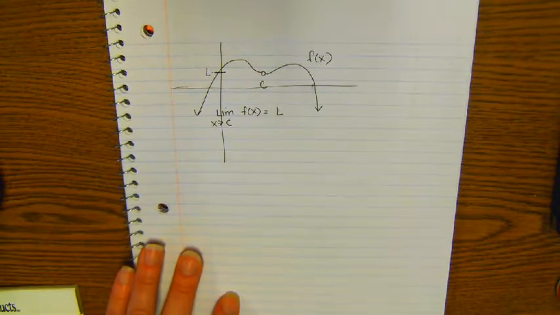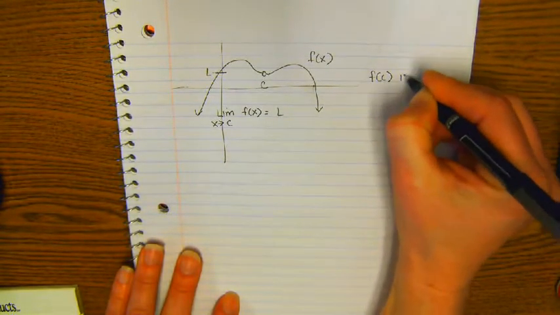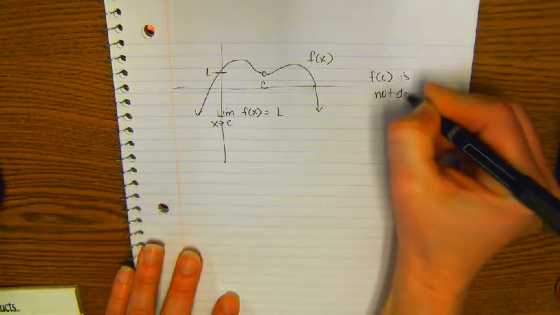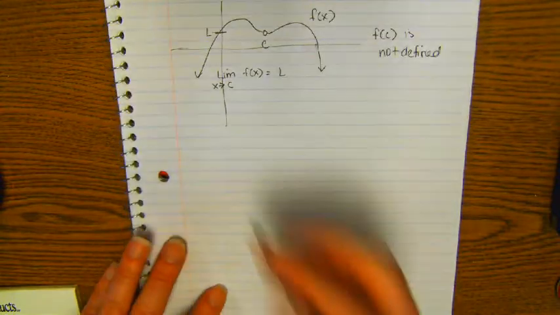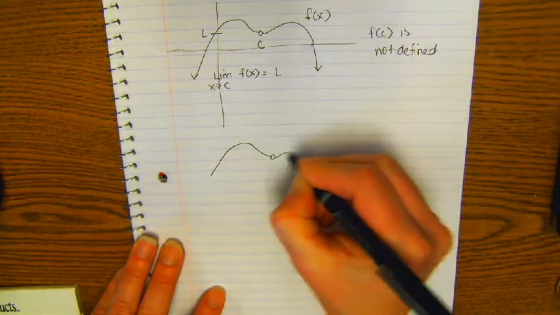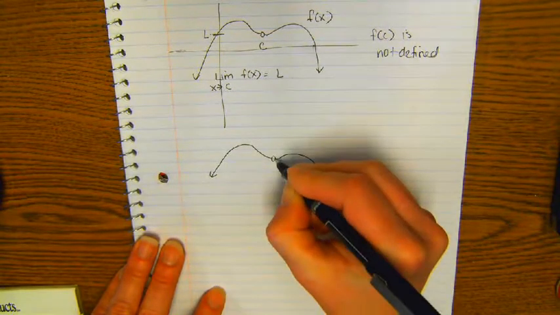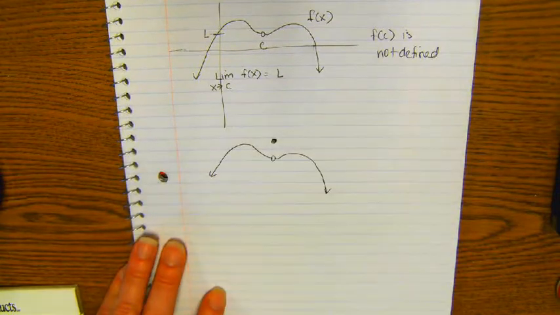So, still has a limit, but this f of c I'm going to write is not defined. Okay, let me draw a similar picture. I'm going to draw the same thing. I'm going to draw a hole in the graph, okay?